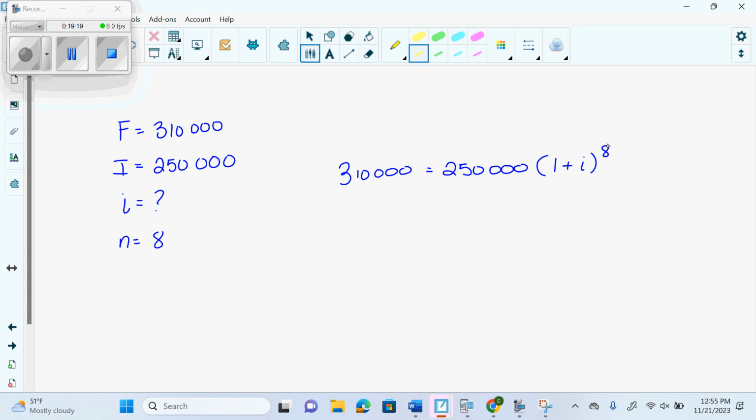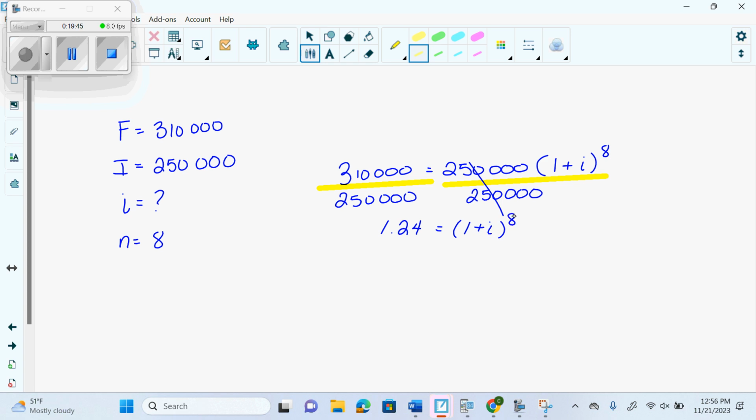I have an 8. So the first thing we have to do is divide that 250,000 over. So I get 1.24 equals 1 plus I to the 8.